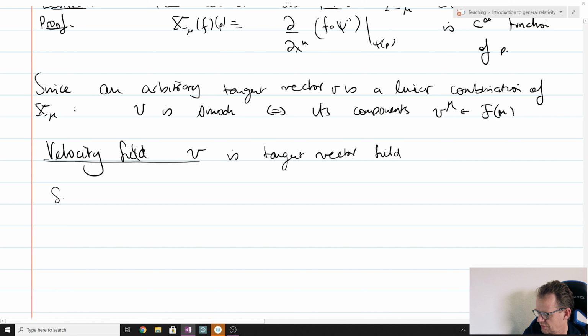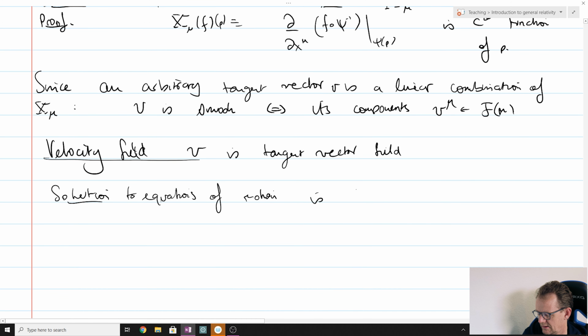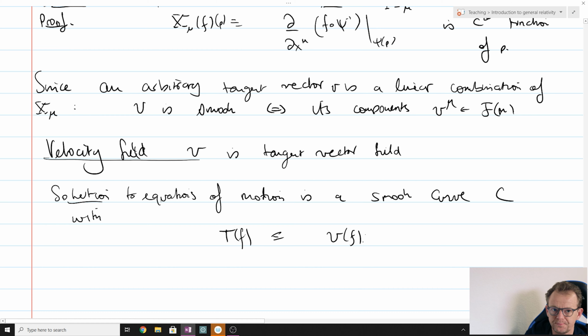And the solution to the equations of motion is a smooth curve c with the tangent vector to the curve literally being v of c. Right? Okay, that's a topic we'll get into in the next lecture.